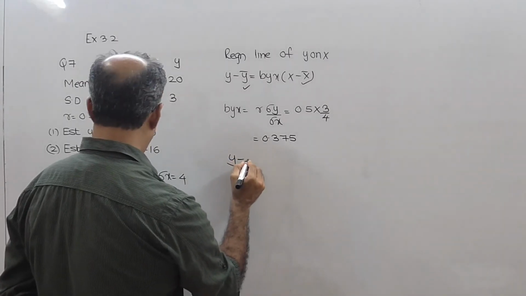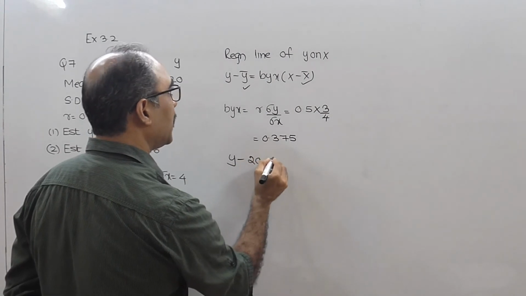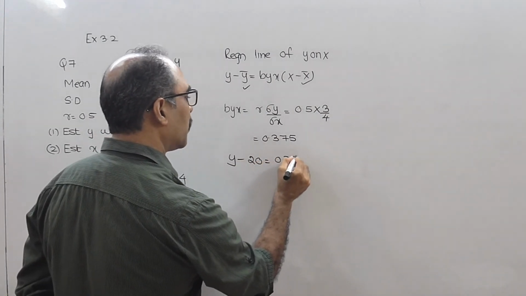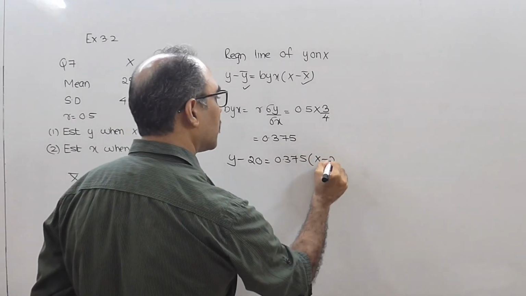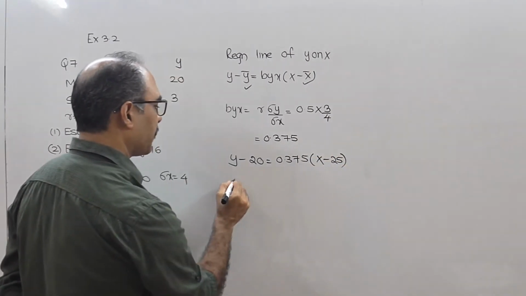y minus y bar, which is 20, equals byx, 0.375, times (x minus x bar, which is 25).